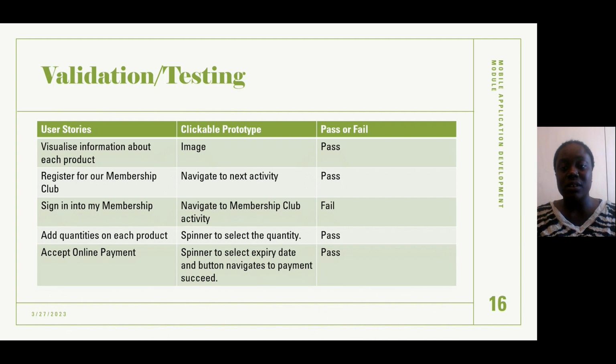After we implemented the ProfitOffers application, it includes user stories, clickable prototype, and pass and fail. For example, if they have registered for a membership and we tested the application for register, it navigates to the next activity. And the result shown in the last column is pass.